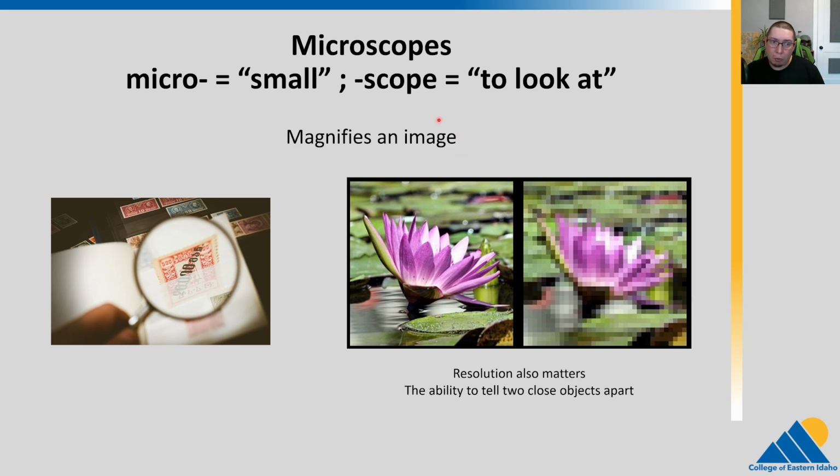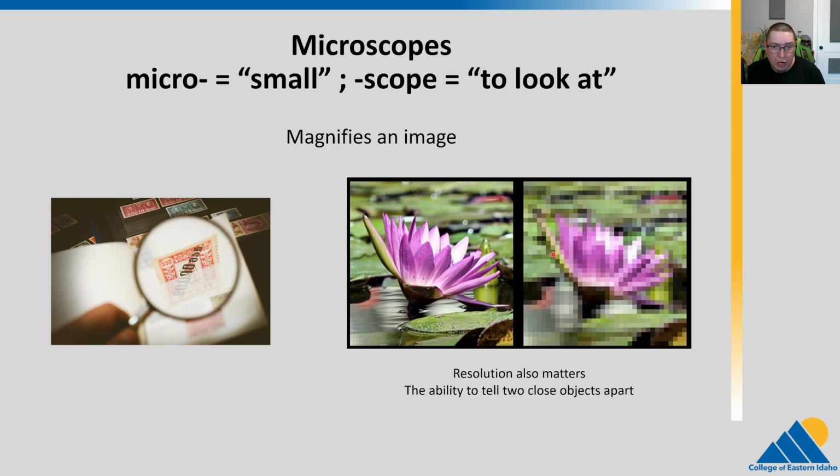So microscopes have two aspects to them. They have magnification, which means making an image larger, but they also need to increase resolution. Resolution is the ability to tell two close objects apart. So here is a high resolution image, right? We can see all of the curves of these different flower petals, and this one is the sepal, and we can see that compared with the background.